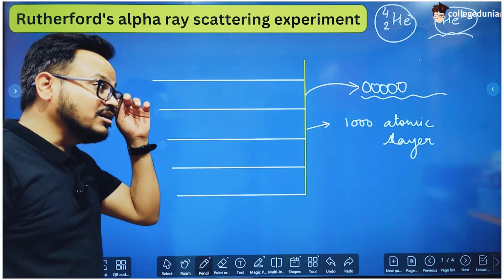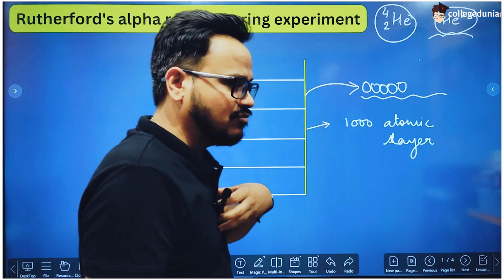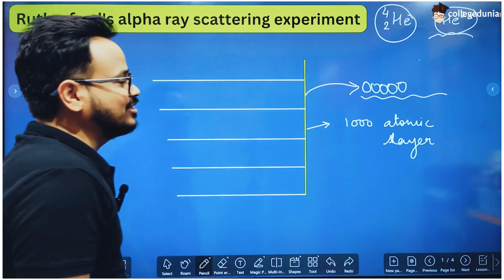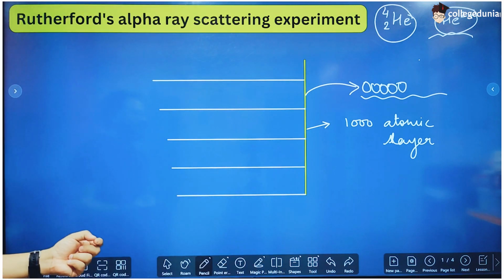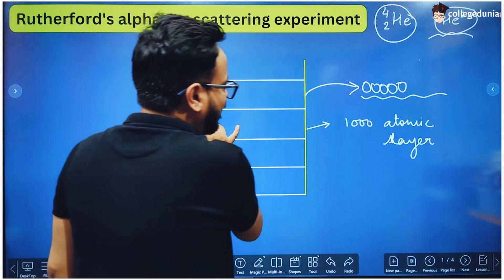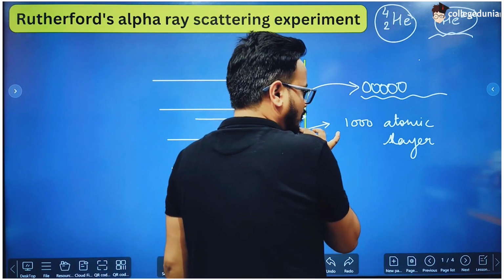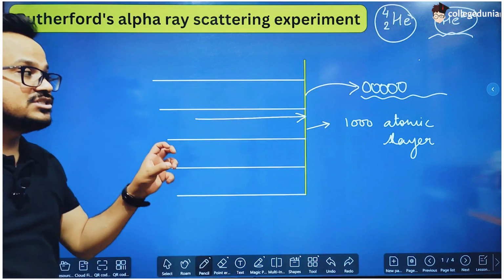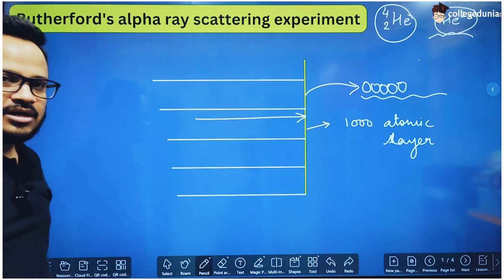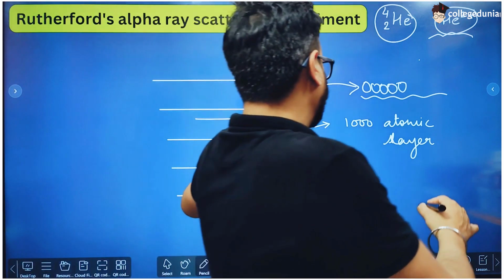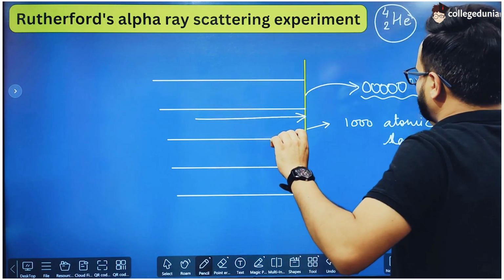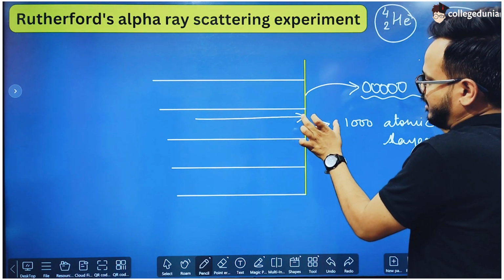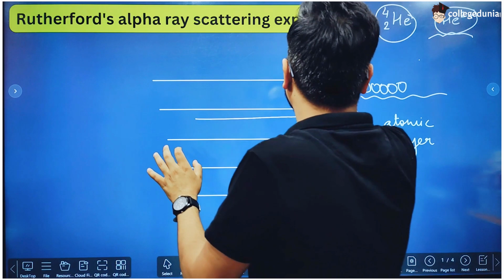Rutherford needed a very thin foil, because when the alpha particle passes through the gold foil, it will interact with the positive and negative charge which is present in the atom, right? That interaction would not be possible if the thickness is very large, right?